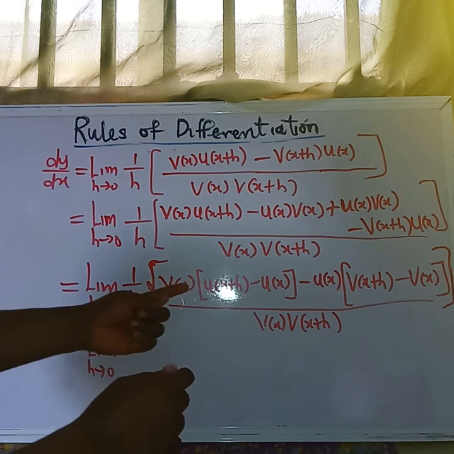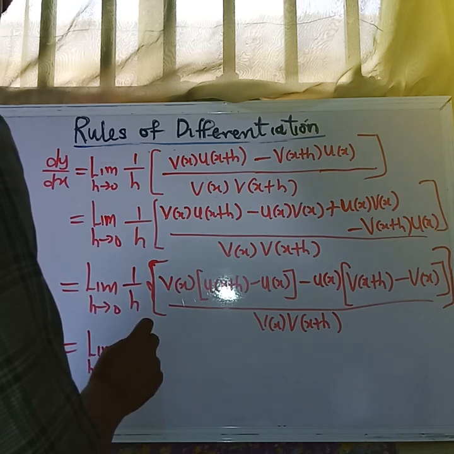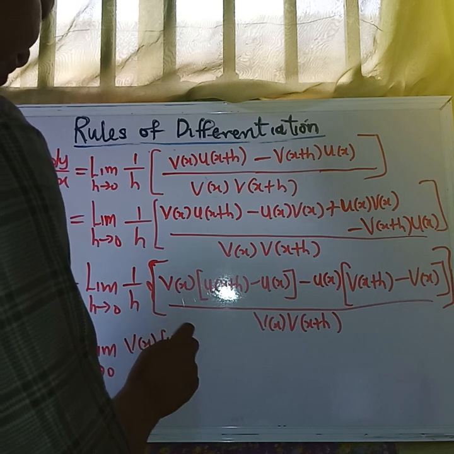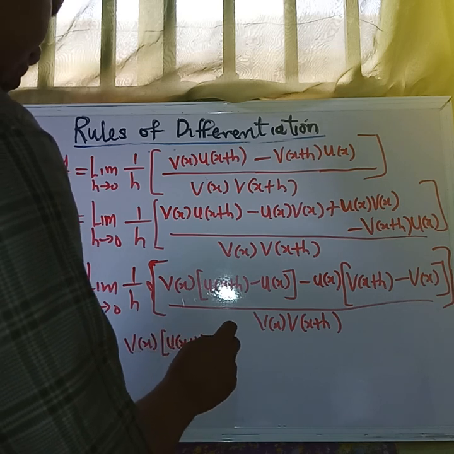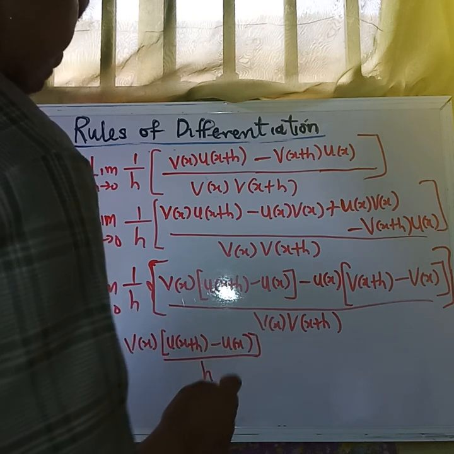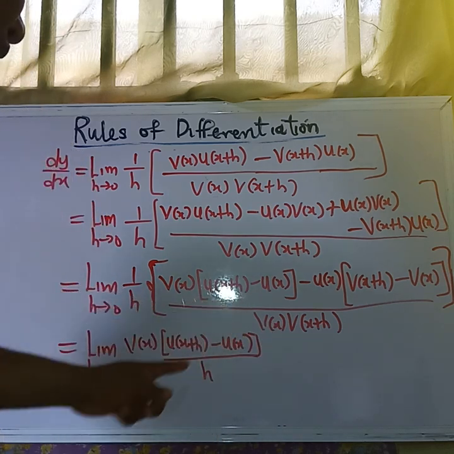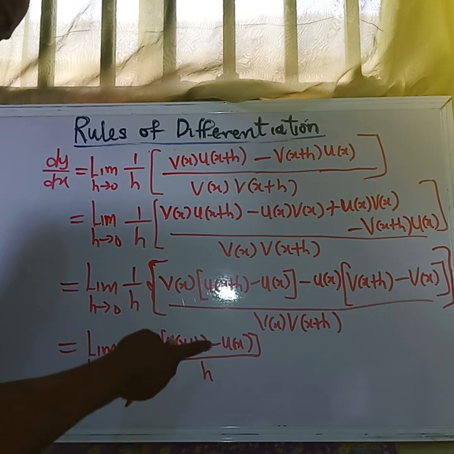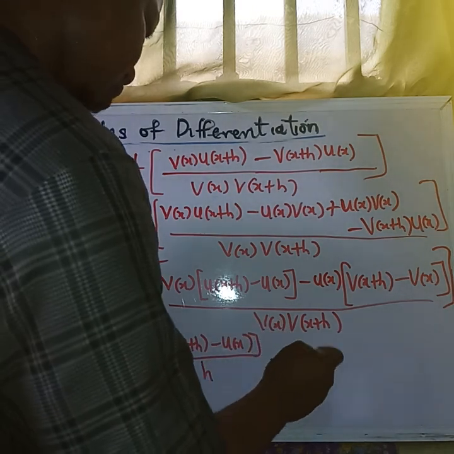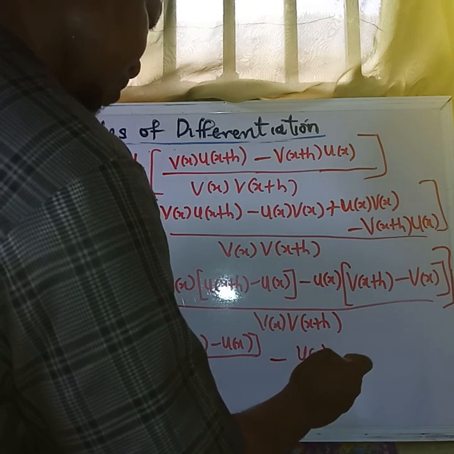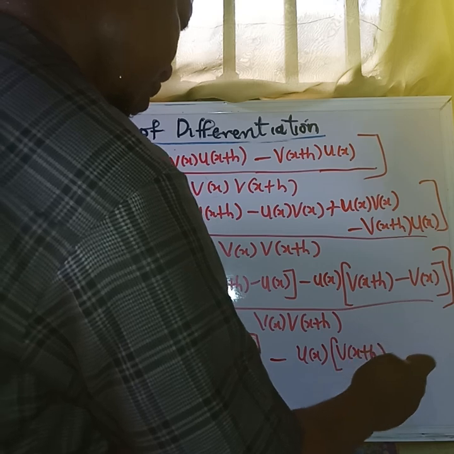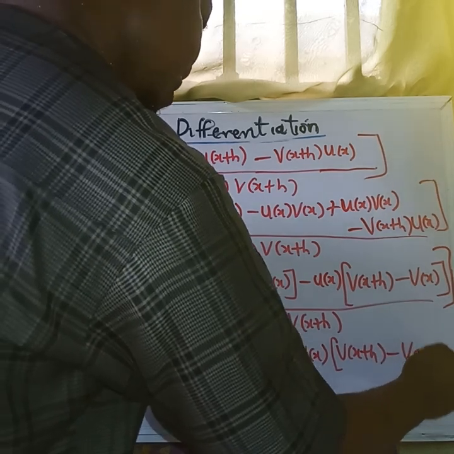So we are taking this term in, so this will be v of x into u of x plus h minus u of x all over h. We are giving this the h because this h is more useful to this term than this. Minus u of x into v of x plus h minus v of x.